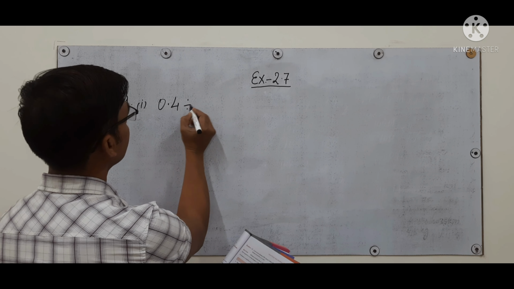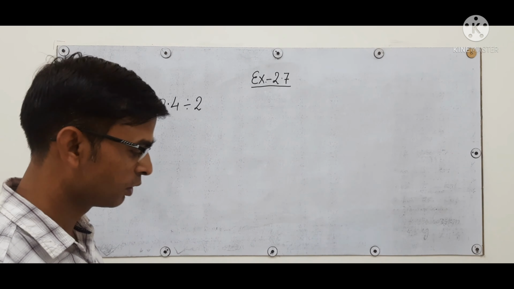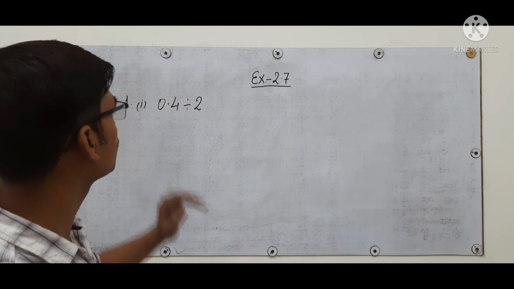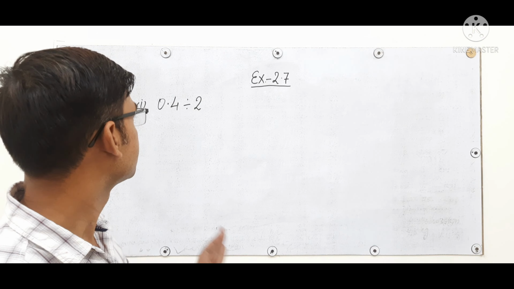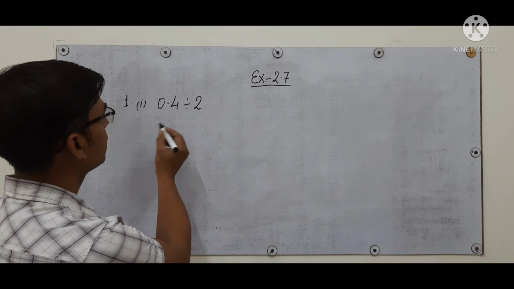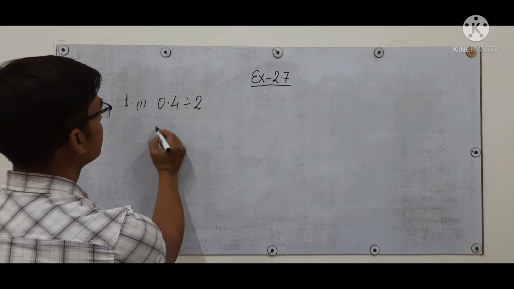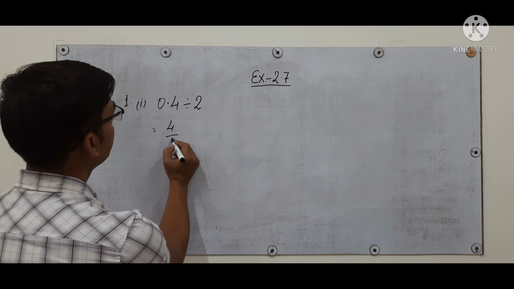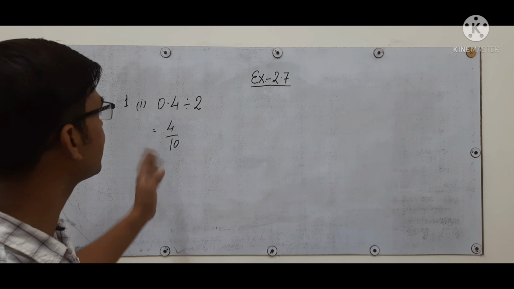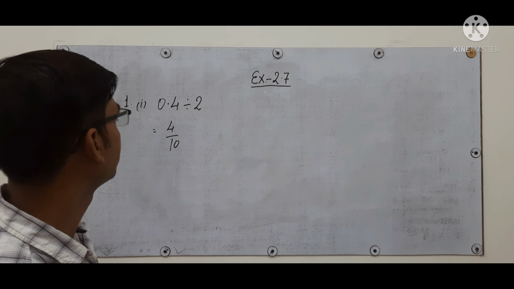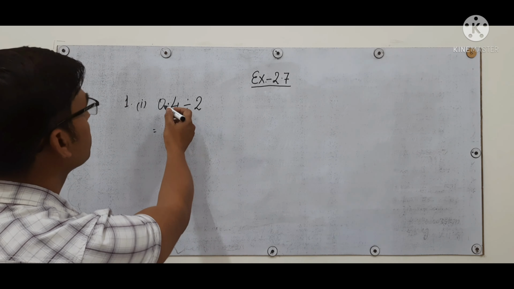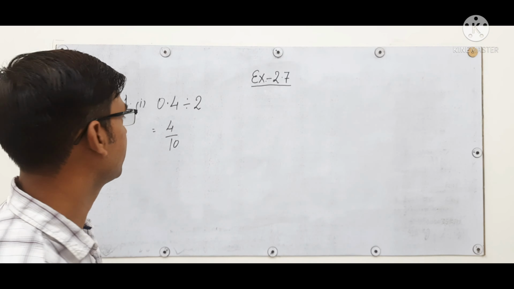0.4 divided by 2. In this, what will we do first? First we will change 0.4 as 4 upon 10, that is, we will replace the decimal and put a power of 10 in the denominator. Here it is 1 decimal place, so it will be 10.